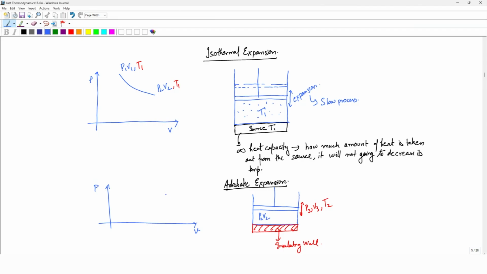So we are going from here to here, and this is P2 V2 T1 to P3 V3 and T2.